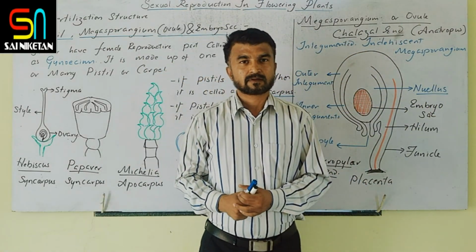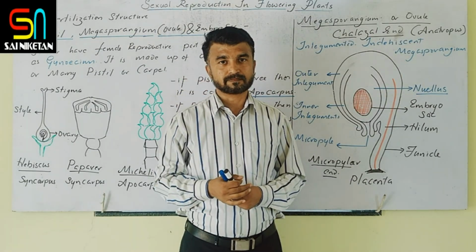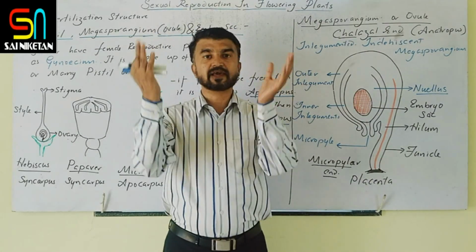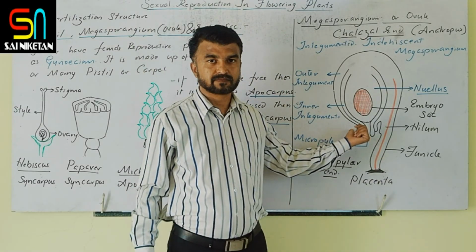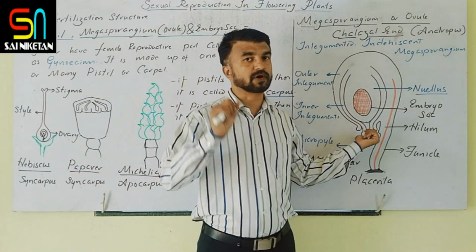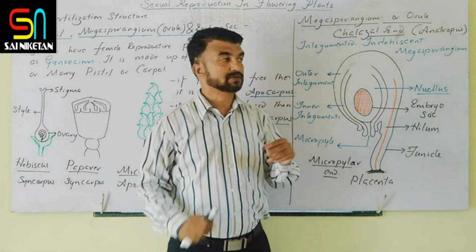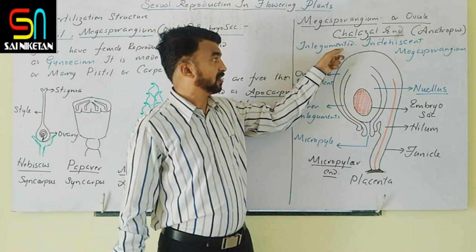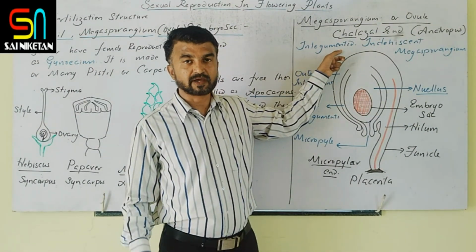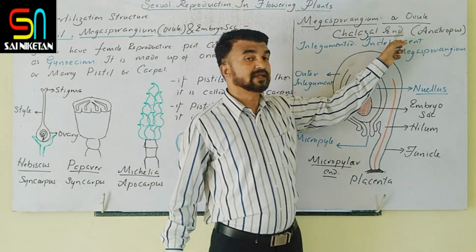Clear? Microsporangia came in the male reproductive part. Clear? In that there was no such layer, no integument. Outside it there was the anther wall. The anther wall is made up of 4 layers. So this megasporangia has envelopes. Due to the presence of this integument, it is an integumented structure, either unitegmic, bitegmic or tritegmic.